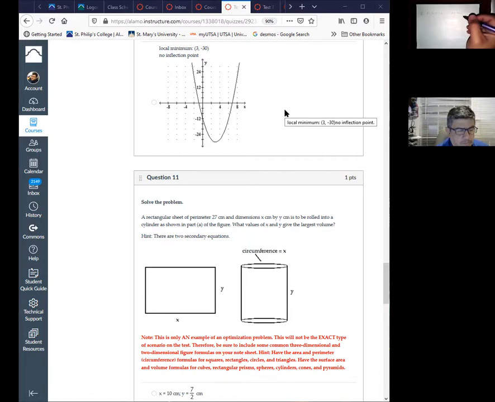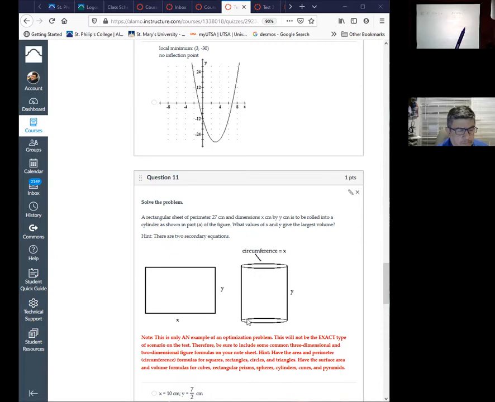What is the volume of a cylinder? If you ever forget, a good easy trick is to think of it this way. What's the area of a circle? What's the formula? That's one we know, right? Pi r squared.